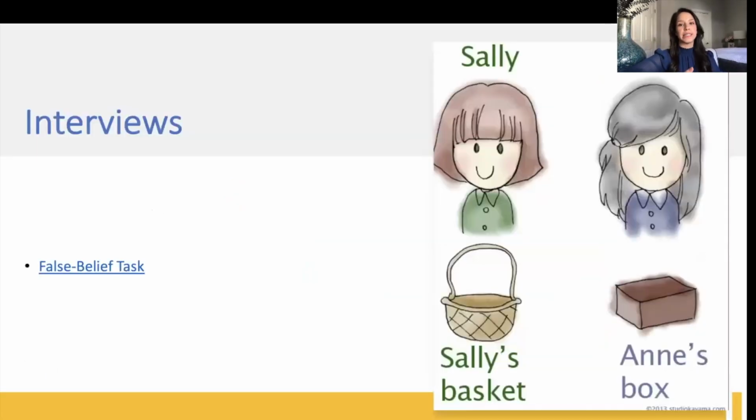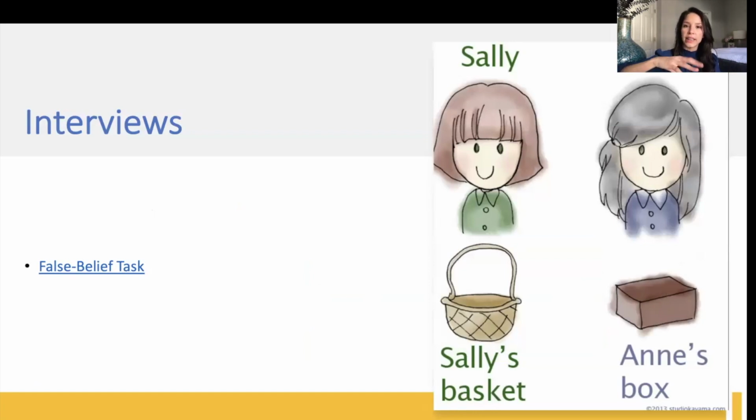So an interview basically allows the researcher to test different abilities, responses, or ways of thinking of children by asking them questions. One of the most famous interviews in child development is the Sally and Ann task, which we're going to dive into whenever we learn about theory of mind.